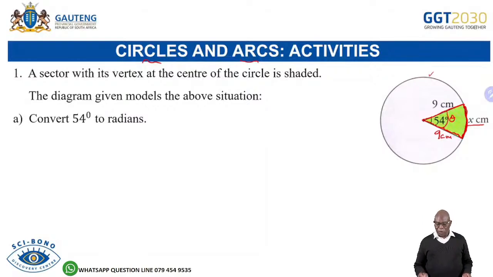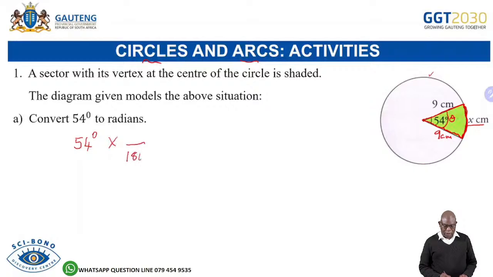Now, the first question here says convert 54 degrees to radians. Can you see? And that question comes every year. So what do we do? We're going to do 54 degrees multiplied by, what do we want to eliminate? Degrees. So we're going to divide by degrees. If I want to eliminate degrees, I divide by the degrees. On top, it's pi, it's radians. So now I'm going to have 54 multiplied by that.